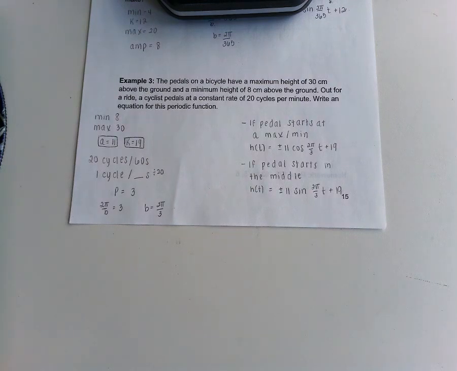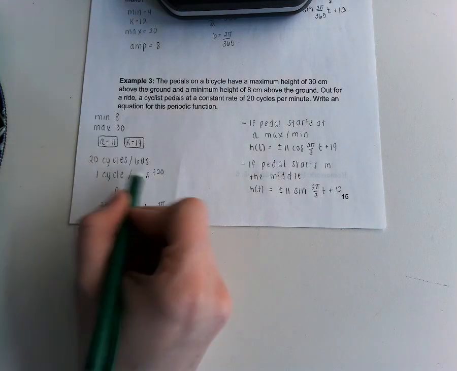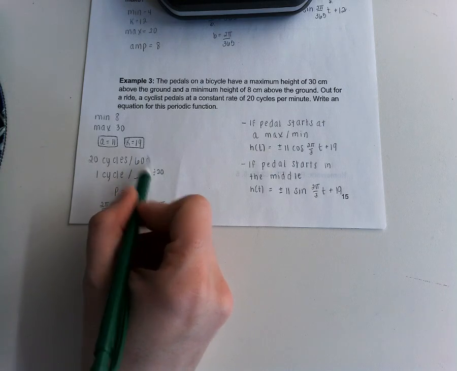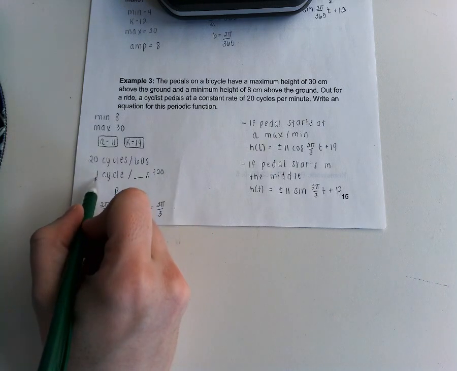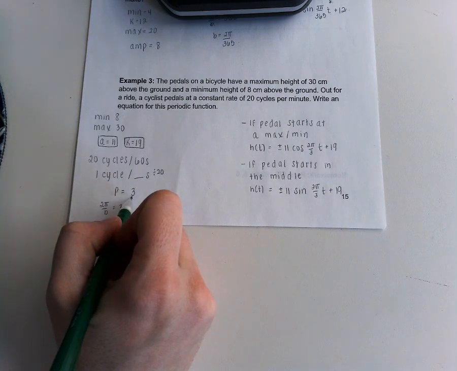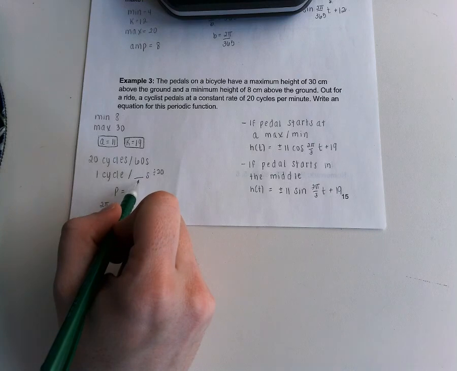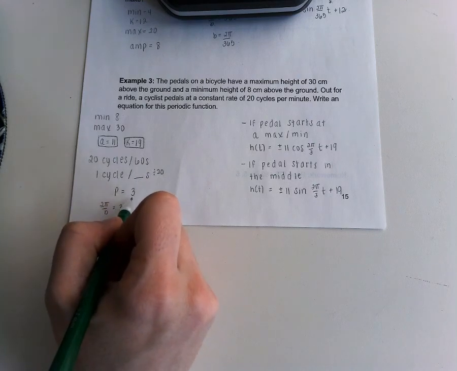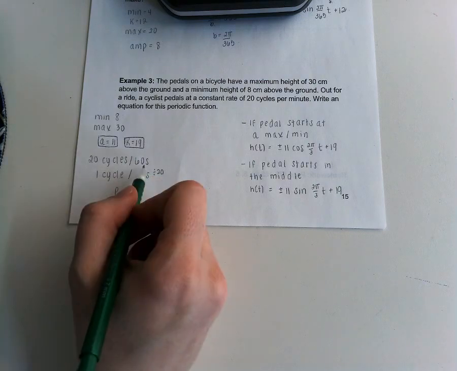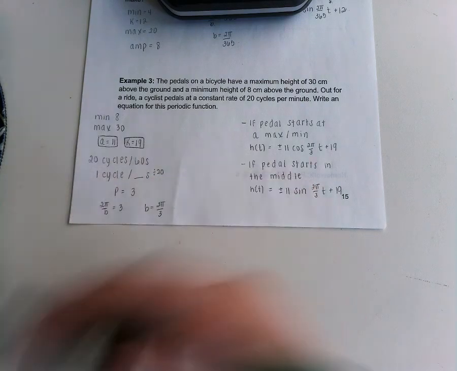Now it says that they are riding at a constant rate of 20 cycles per minute. So if it's 20 cycles in 1 minute, 60 seconds, that means it's 1 cycle every 3 seconds. So I went down into seconds, and the reason I did that is because you've got 20 cycles in 60 seconds, right? That's multiple periods.